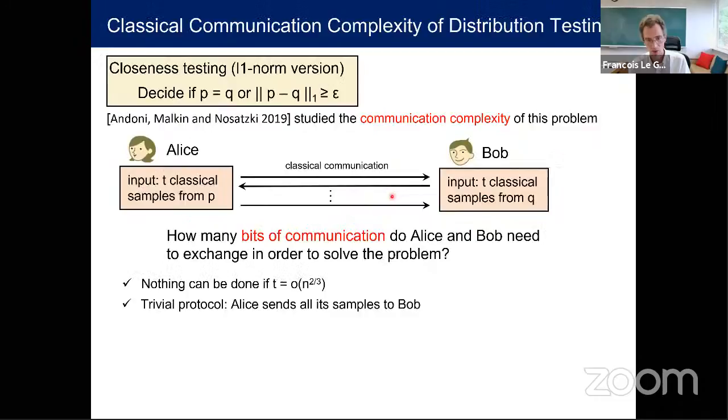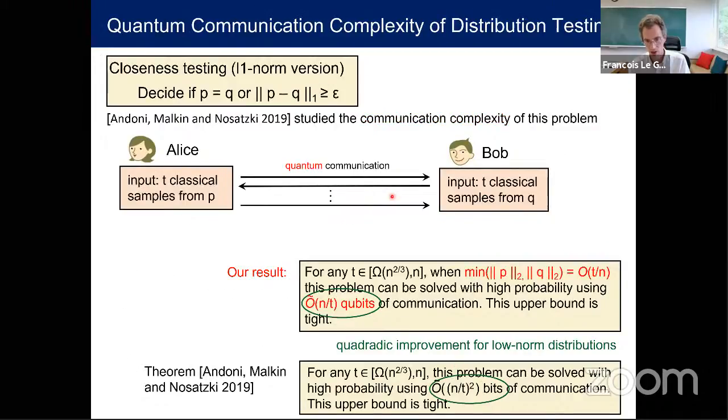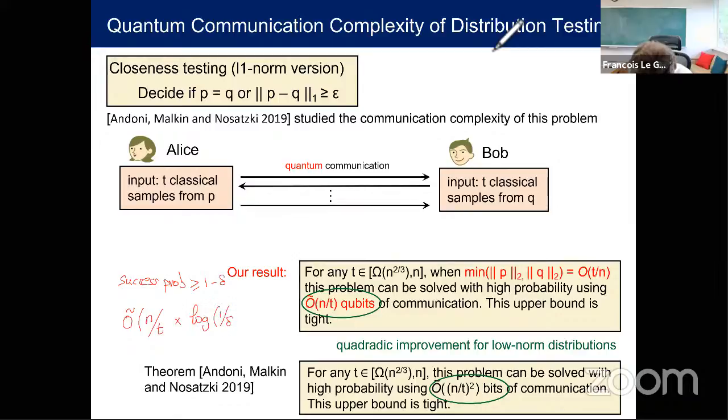See, if you want the success probability larger than 1 over the delta, then the complexity will be this n over t, and you will have a times log 1 over delta. So you can have a precise description of the complexity involving the error you want.